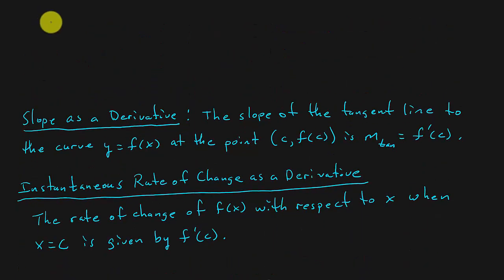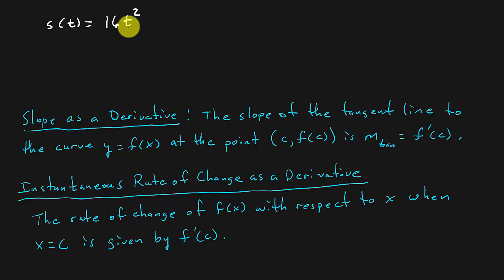So if we have a position function, s of t is equal to 16 t squared, this is a falling object. Say you're standing on top of a tall building and you drop something off the building.